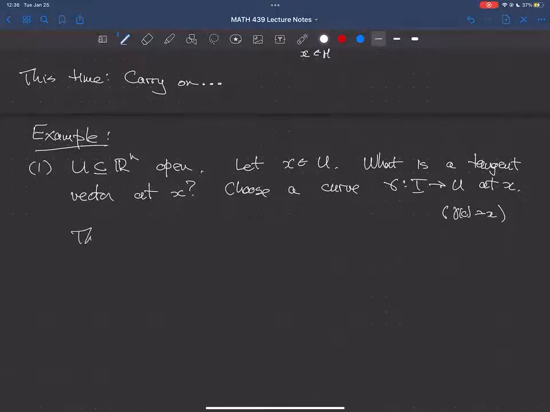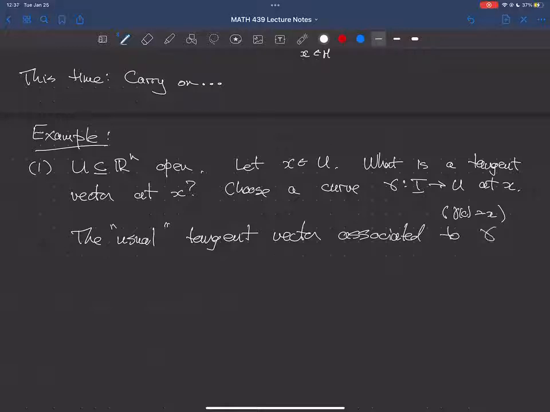The usual tangent vector associated to gamma at time 0 is simply d gamma at 0. Let's call that vector v.